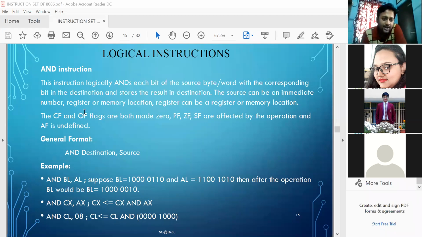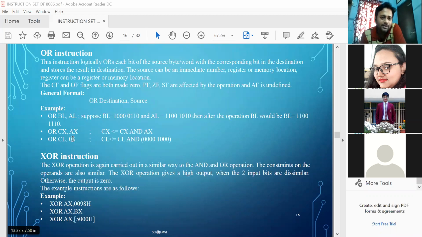The AND instruction can be given as AND BL, AL: the number stored inside AL is ANDed with BL, and the result is stored into BL. And AND CX, AX: AX and CX will be ANDed, and the result stored inside CX. In this way OR can be given: OR BL, AL, or OR CX, AX.